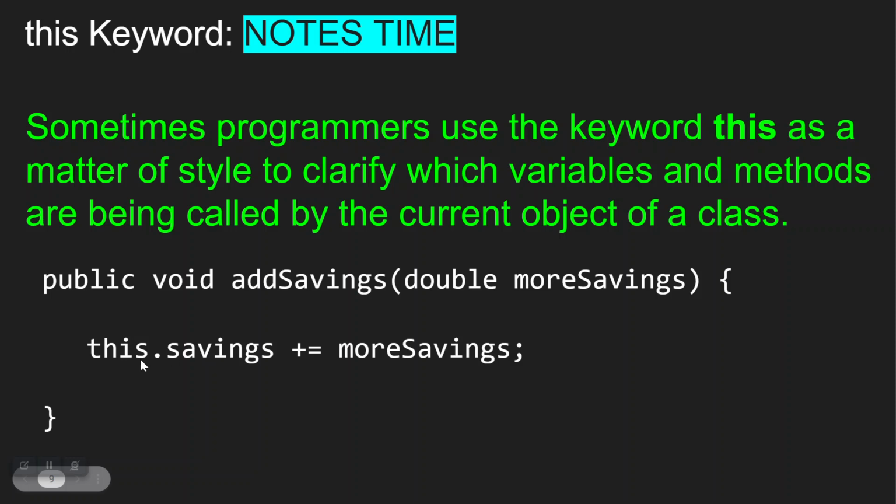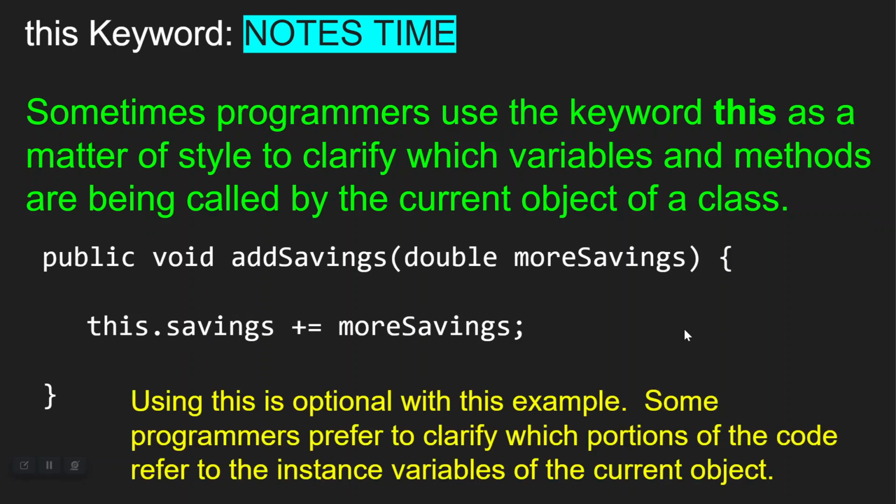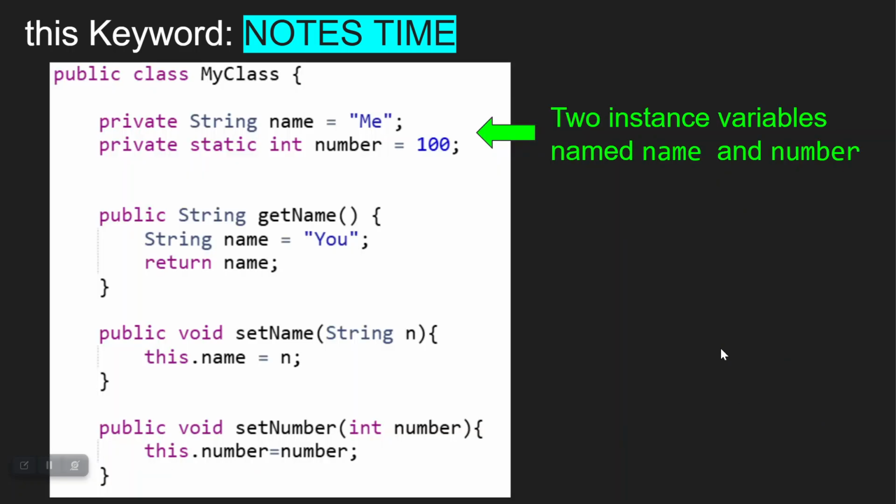So this.savings += moreSavings, you don't have to have it there, but you can put it there just to reiterate the fact that this version of savings is my instance variable. This is the one that belongs to the current object. That's, like I say, a matter of style. It's not necessary. So using this is optional with this example. Some programmers prefer to clarify which portions of the code refer to the instance variables of the current object.